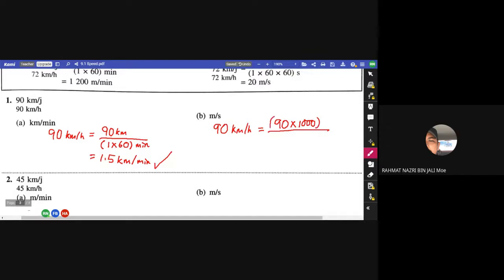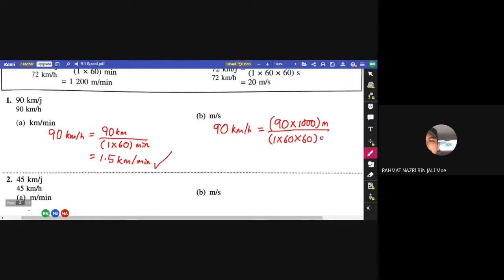So we have the distance now in meter, and then second, hour change to second, so we have to multiply with 60 and 60. 1 multiply 60, multiply 60.